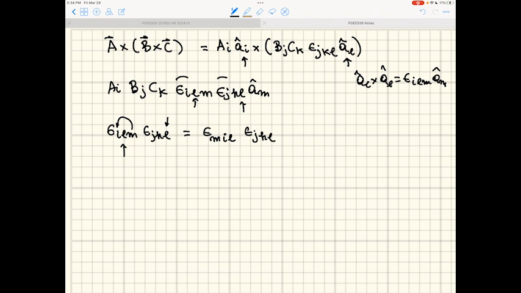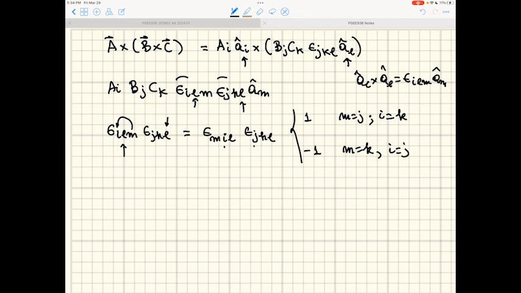JKL. So this factor has only two possibilities. It's going to be equals to 1 if M equals J and I equals K. And it's going to be minus 1 if M equals K and I equals J. Okay?